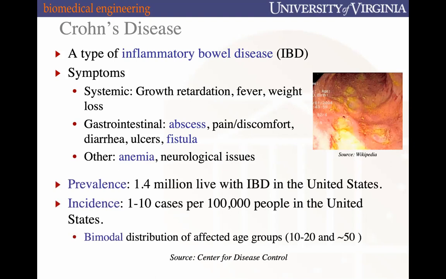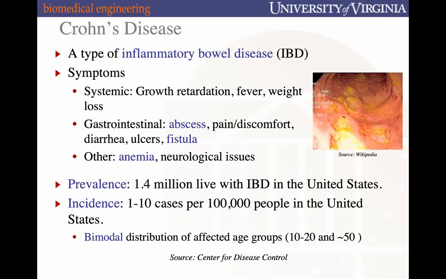So the prevalence, about 1.4 million people live with IBD, the higher classification of inflammatory bowel diseases. And typically for Crohn's disease specifically, the incidence rate is about 1 to 10 people per 100,000. So it has a fairly high incidence rate. And interestingly, it also has a bimodal distribution.